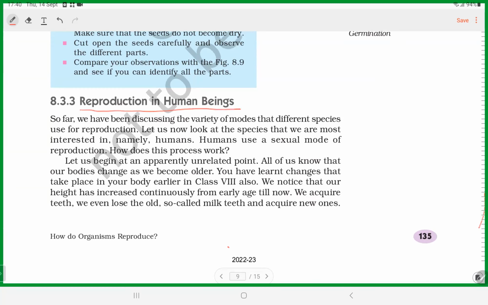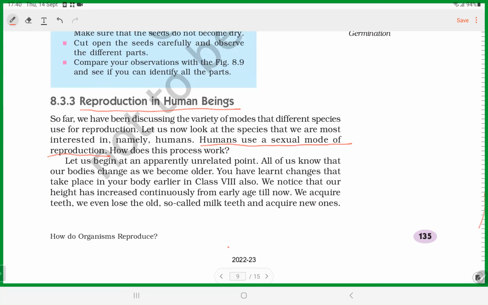So now, reproduction in human beings. The only mode of reproduction available for humans is sexual mode. No other modes are present in humans. And as we discussed yesterday, there are three phases in reproduction.